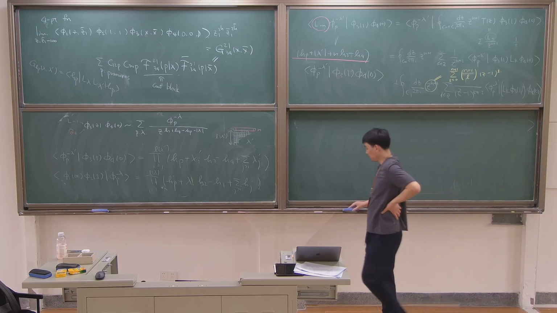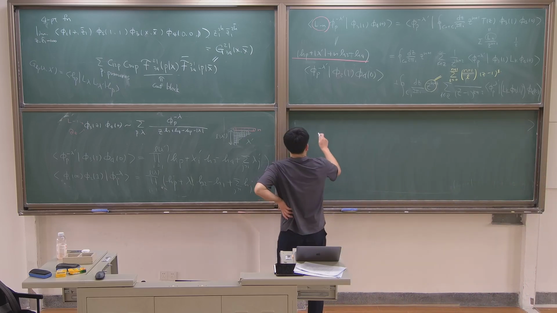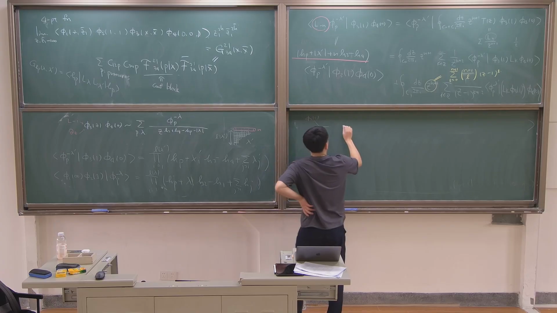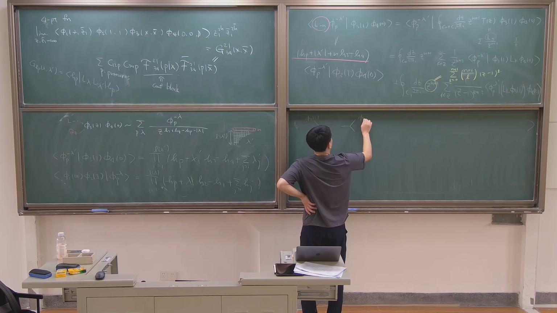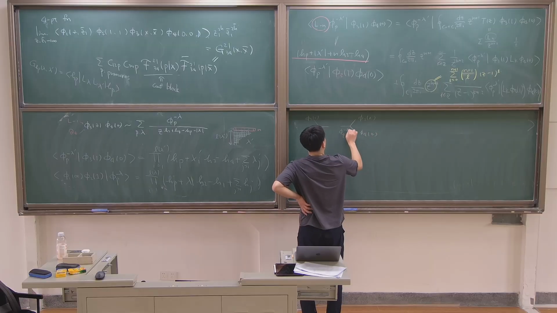So phi 1 at infinity, phi 2 at 1, and then phi 3 at x, and phi 4 at 0, and then here phi p at minus lambda prime, phi p at lambda minus lambda, and then you just join them together by lambda and lambda prime.